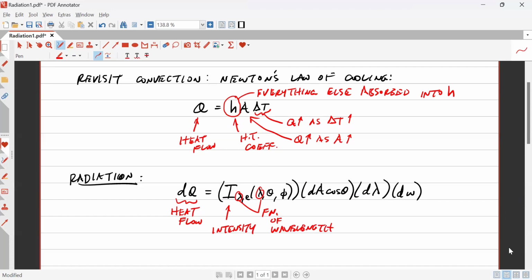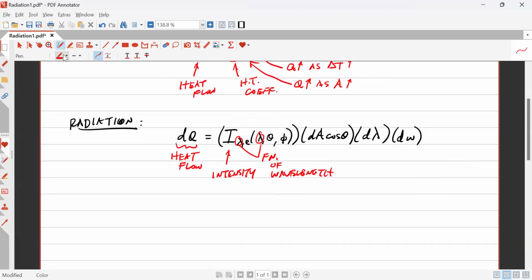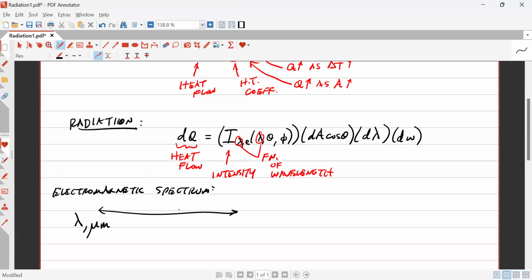So let's talk about that for a moment here. Turns out with radiation, it appears as essentially waves over the electromagnetic spectrum. So we can say that the wavelength lambda has units here. We generally like to use microns. The reason we do that is because all the action when it comes to thermal radiation for practical engineering problems shows up in really three areas of the broader electromagnetic spectrum.